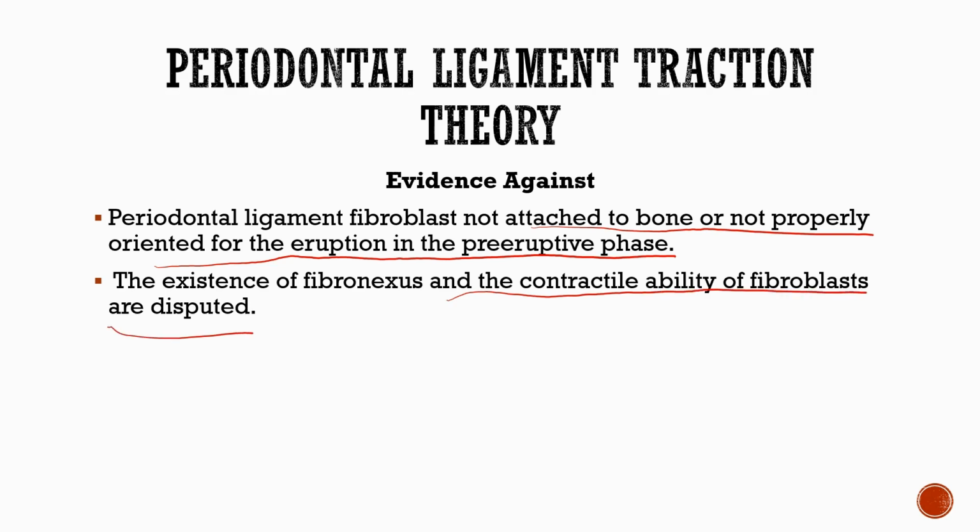So the existence of fibronexus and the contractility of fibroblast is not considered very well in this. Okay, that's why all the theories have some disadvantages or demerits, but they also have some merits. Mainly the bone remodeling and the periodontal ligament traction theory are the important ones.